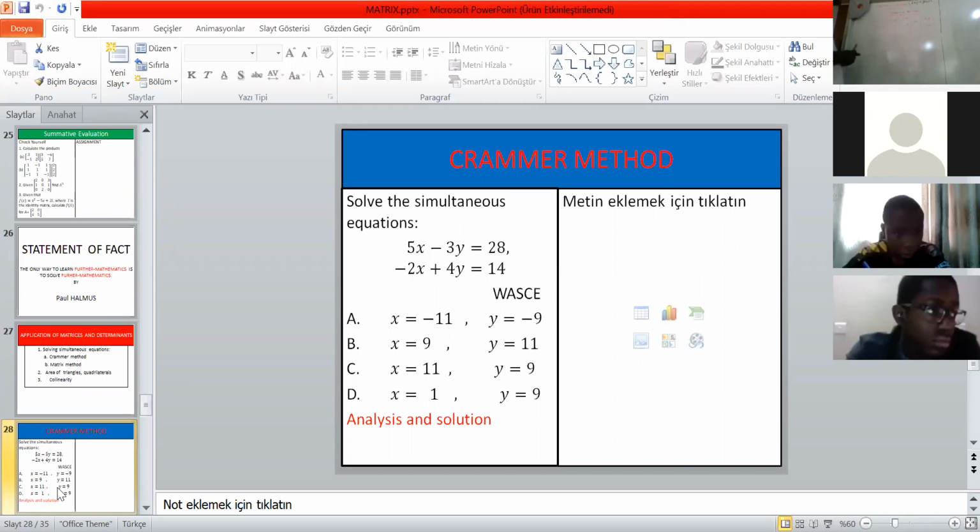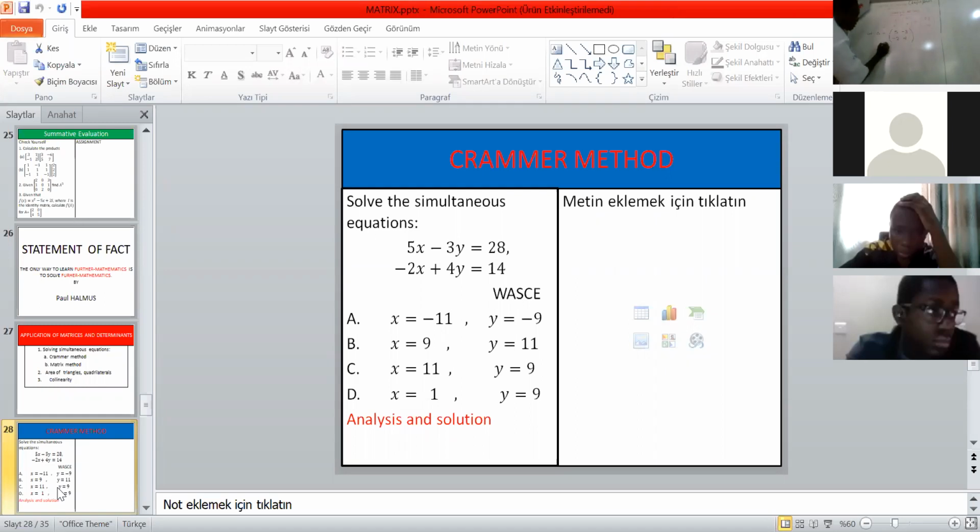Now, how do we start solving? Let delta be equal to the parentheses 5, -3, -2, 4. Now, let's find the delta, that means the determinant.